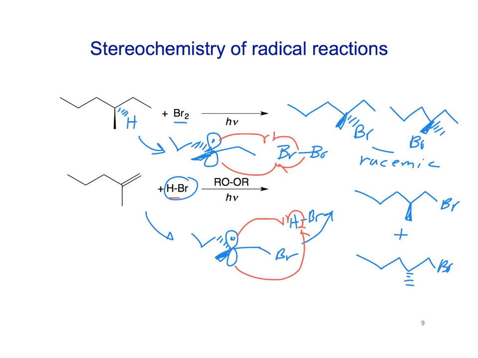Because we have a single stereogenic center here, we would expect to get a racemic mixture. Even on the top one, we could start with an enantiomerically pure material, just one enantiomer, but if we ran this reaction, we'd end up with a racemic mixture. So we lose all stereochemistry at that center. That make sense?